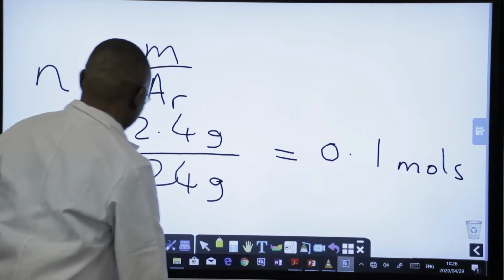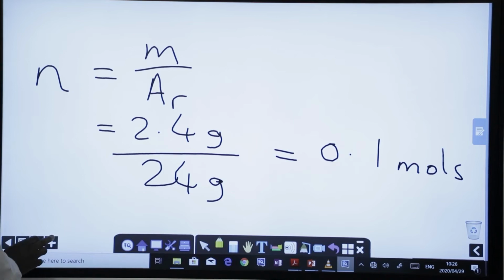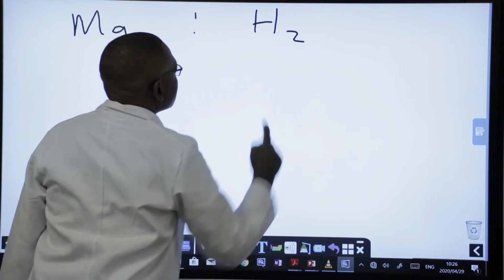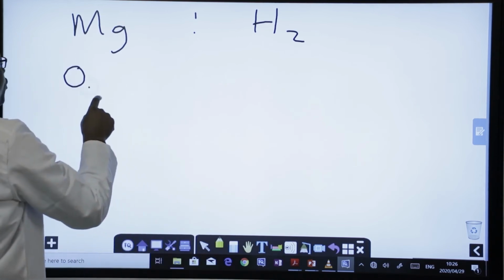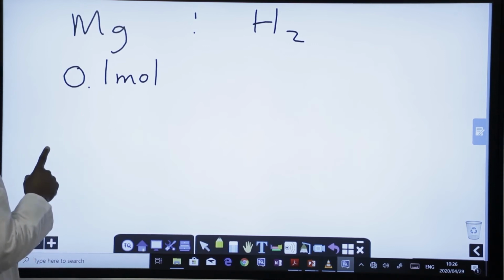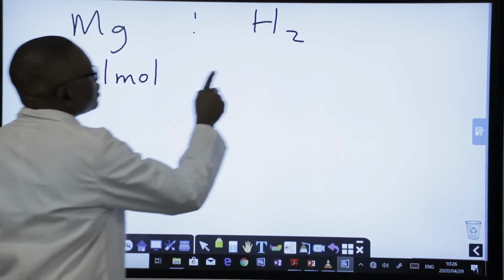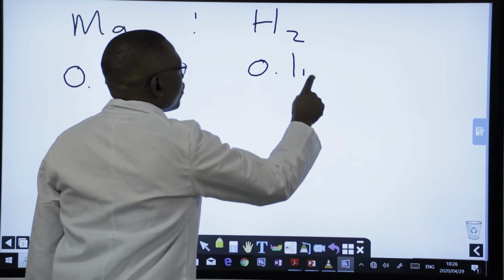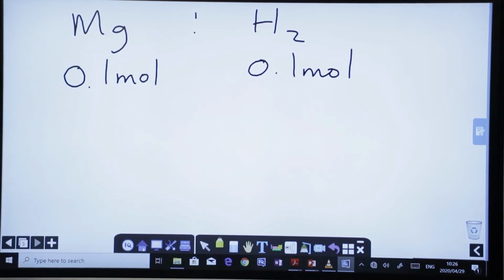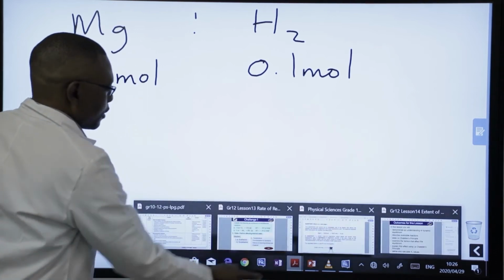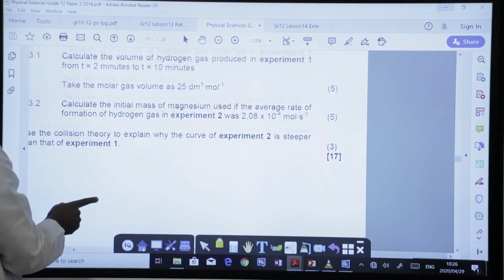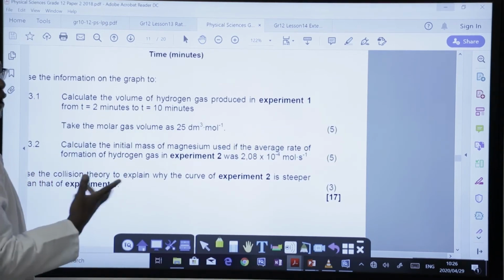If it is 1:1, the ratio of magnesium to hydrogen gas is such that for 0.1 moles of magnesium, we will also get 0.1 mole of hydrogen. But the question is asking us to calculate the volume of hydrogen.